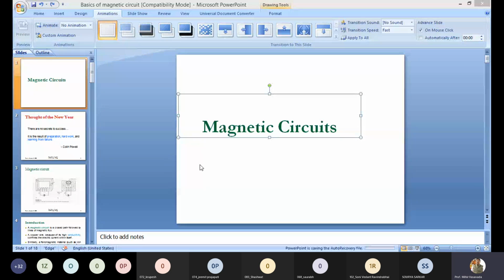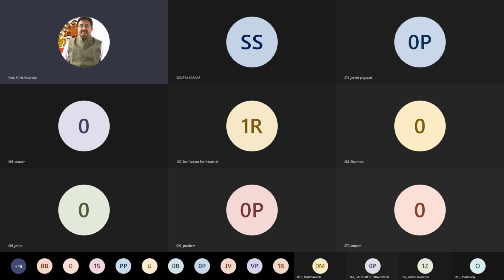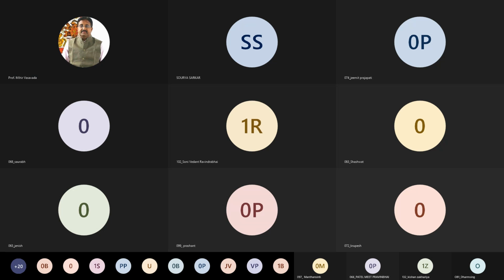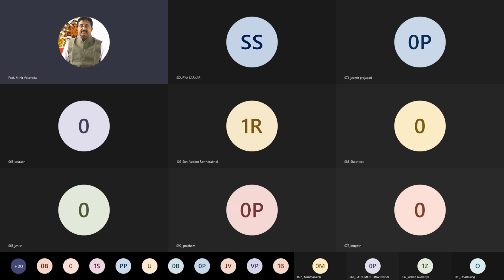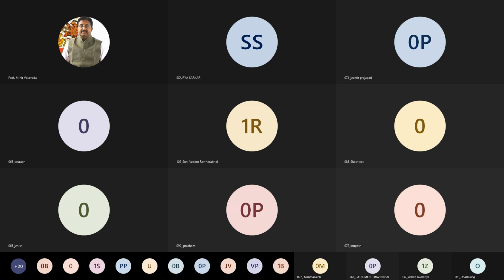So this is about MMF. Any doubt here, anyone? So MMF is magneto-motive force.